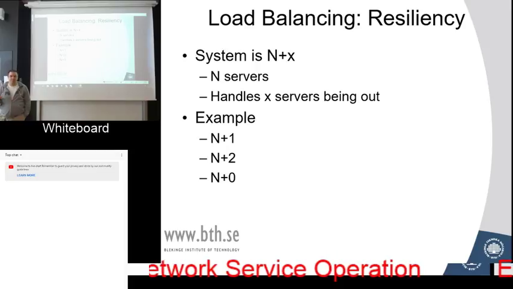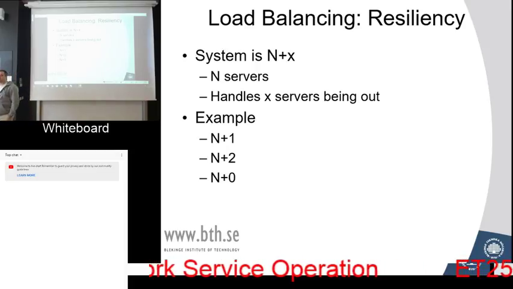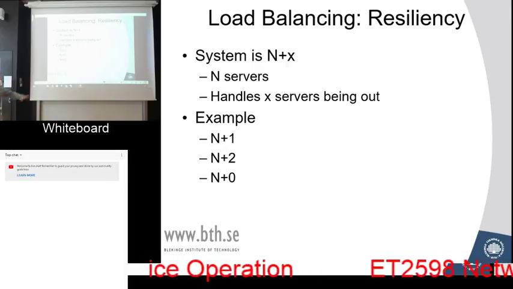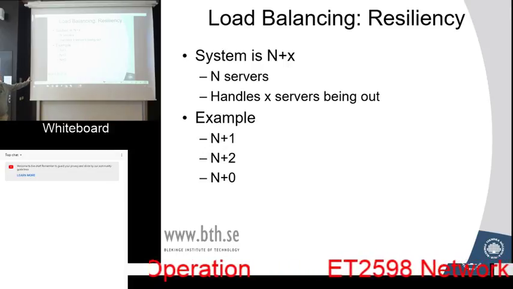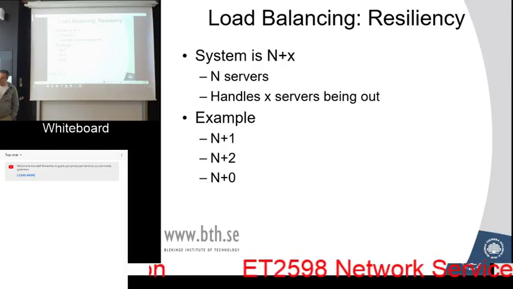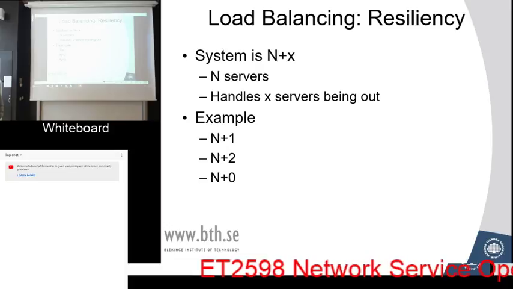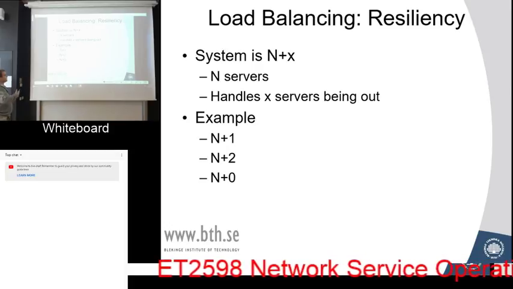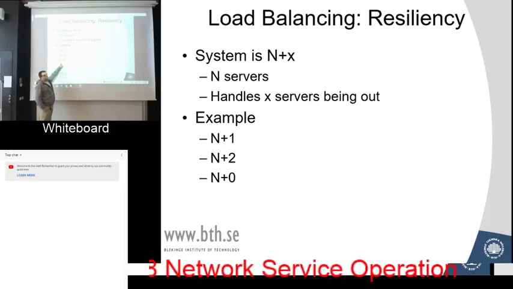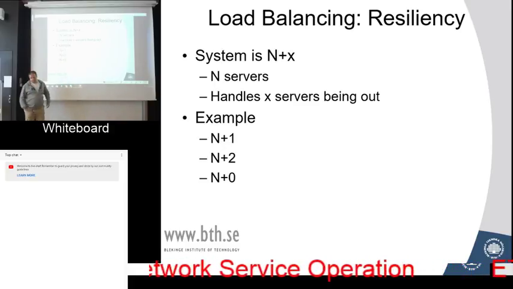It doesn't make any statement of how well it is operating. It might be in an overload state, but it's still operating. So examples are n plus 1, n plus 2, or n plus 0. This is the case you do not want to be in.